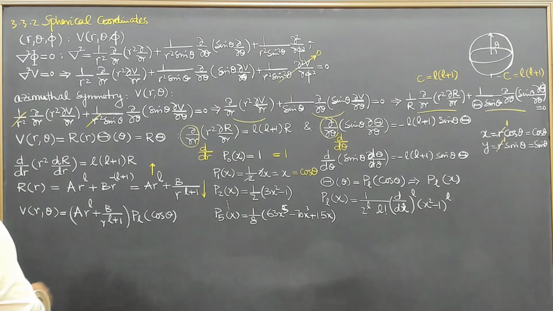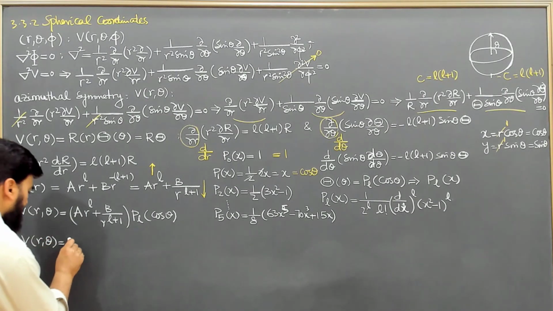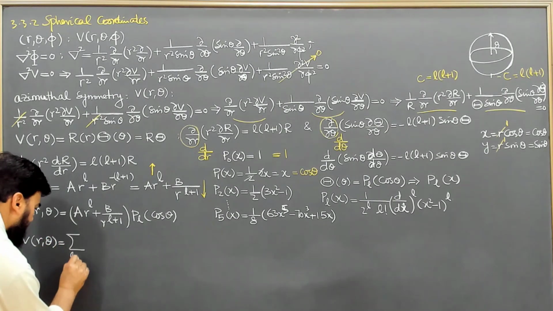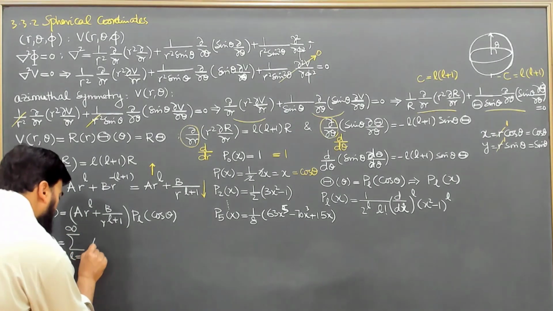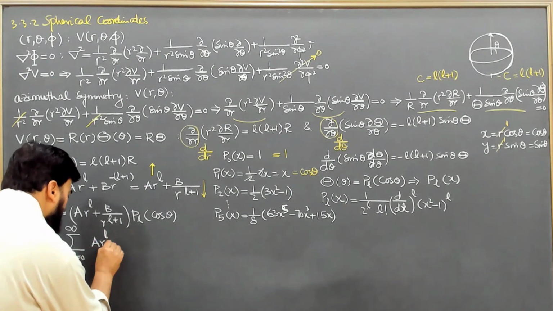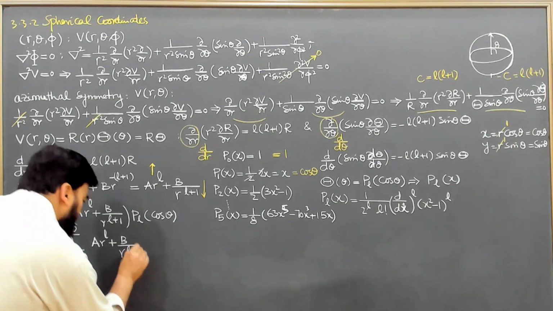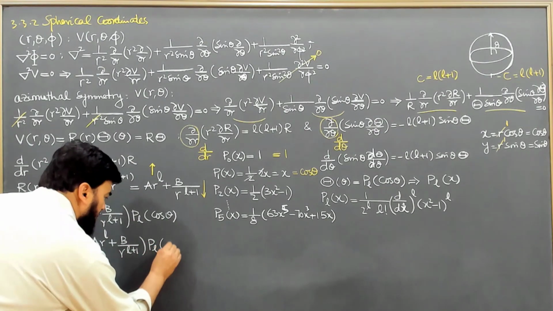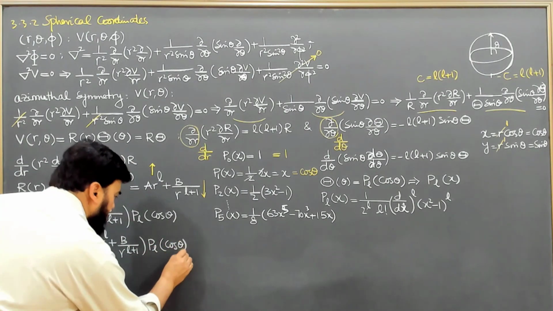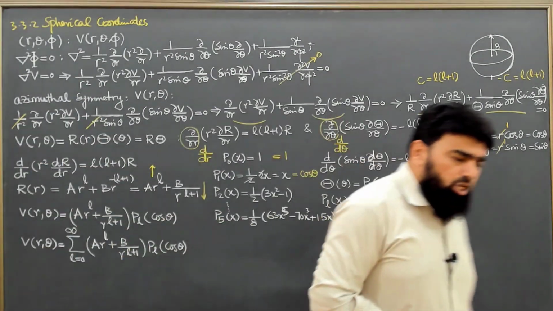So better we write this in the form of a summation, and V of r, theta is equal to the summation over L running from 0 to infinity, of a r to the power L plus b over r to the power L plus 1, and then PL of cos theta.